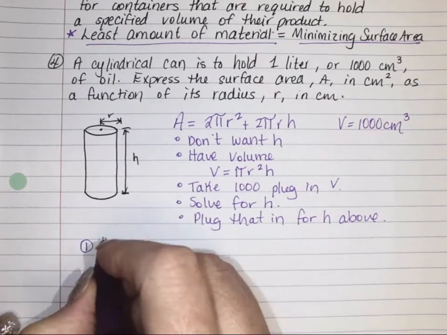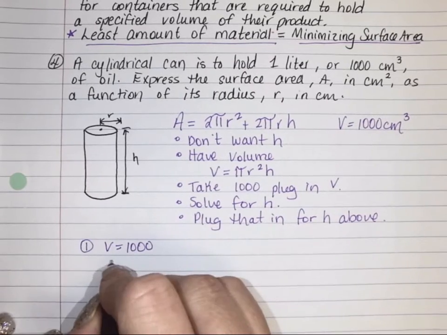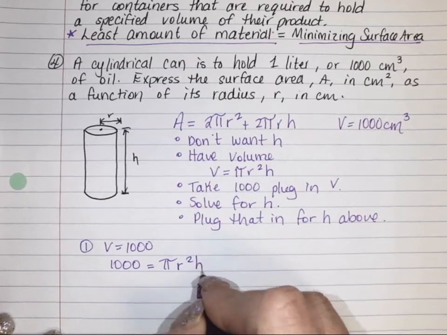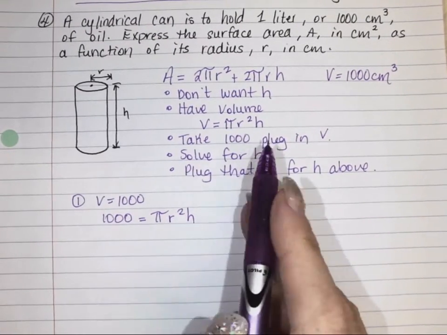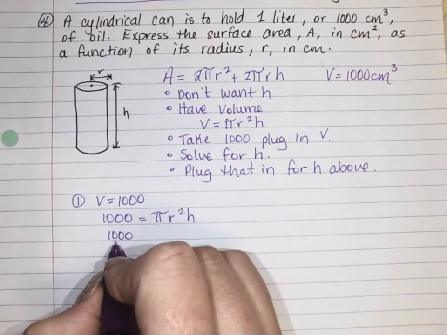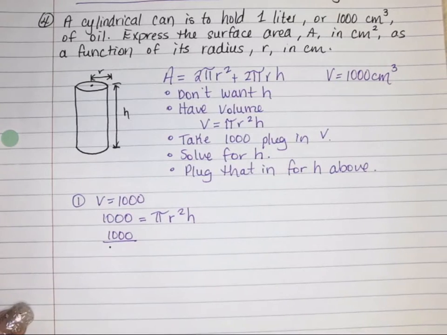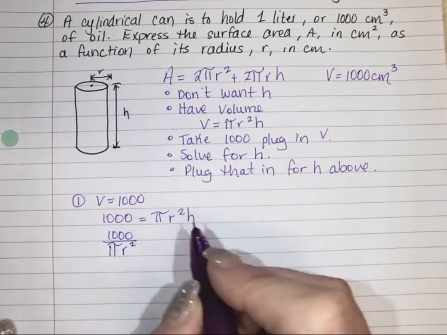So here's our step 1. Volume was 1,000. So I'm going to set that equal to pi times radius squared times height. Solve this for H. So 1,000 divided by pi times radius squared.